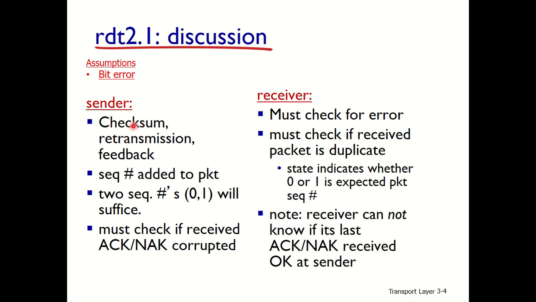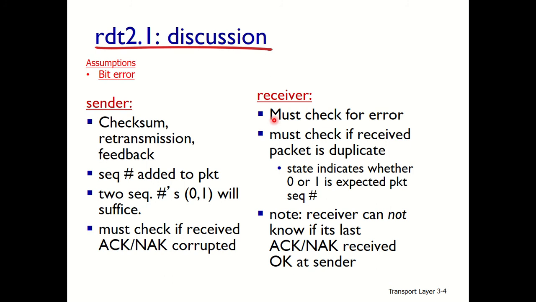When the sender transmits the data, the sender also keeps one copy of the packet. Why? Because the receiver receives the data and checks it for error. If there is an error, the receiver will discard it. What is an error? If the packet has bit error. And how does the receiver come to know that the packet has bit error? Through the checksum. We have already discussed it.